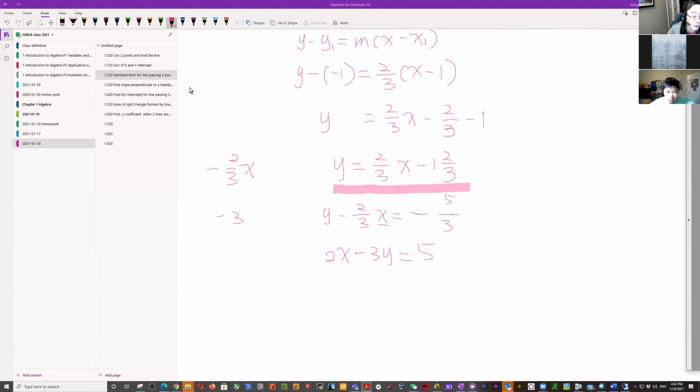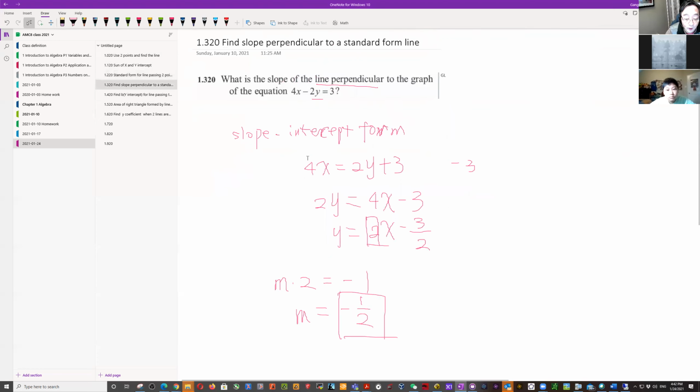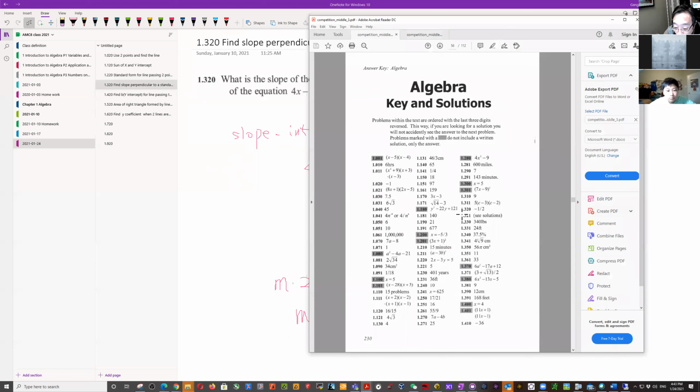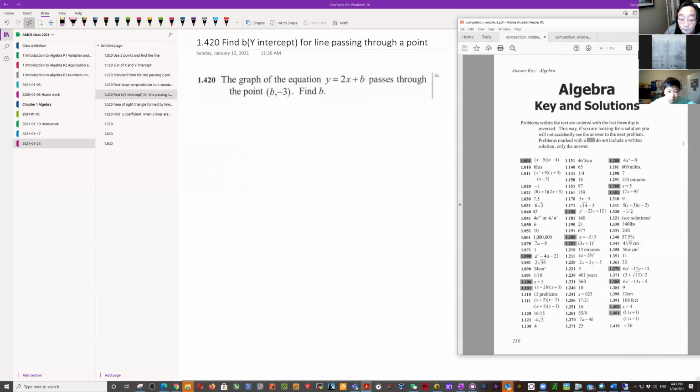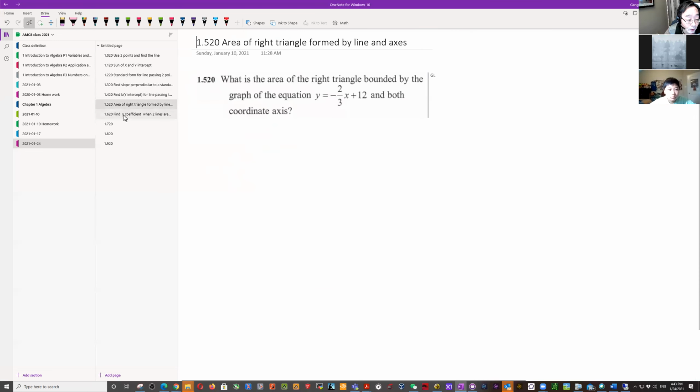So you have to pay attention to the form. A lot of times you just have to stay with what is the slope. So 1320, negative 1/2. So basically my answer is right. This one, I already did those two last time.